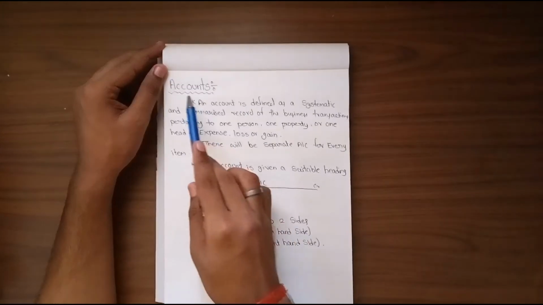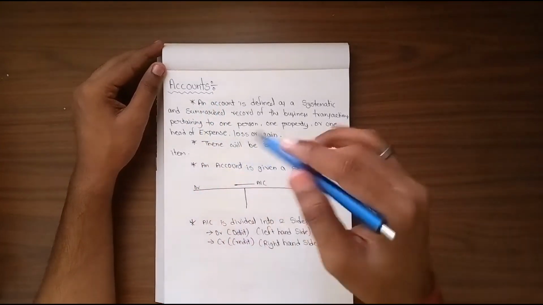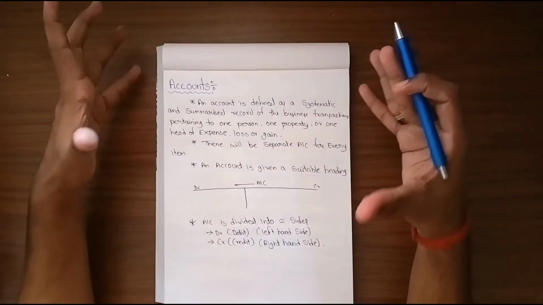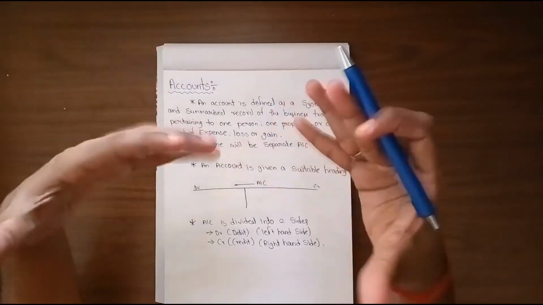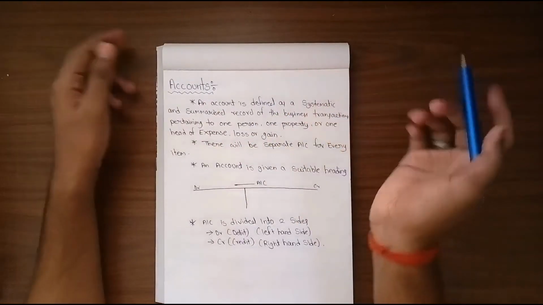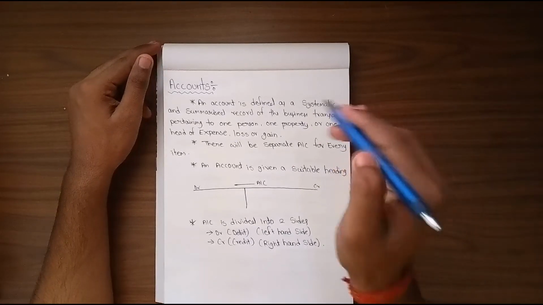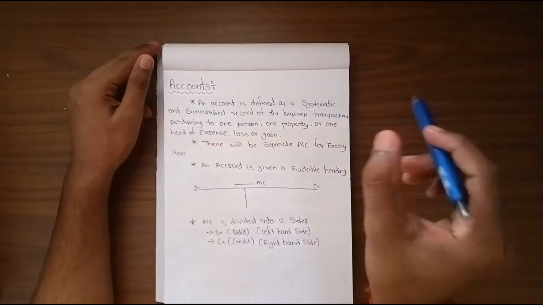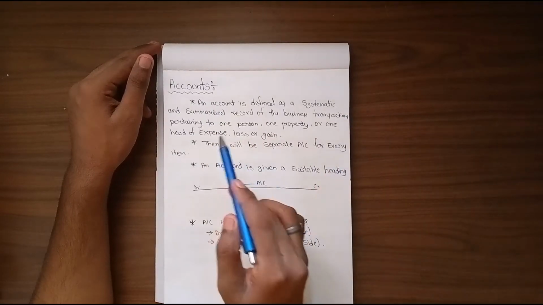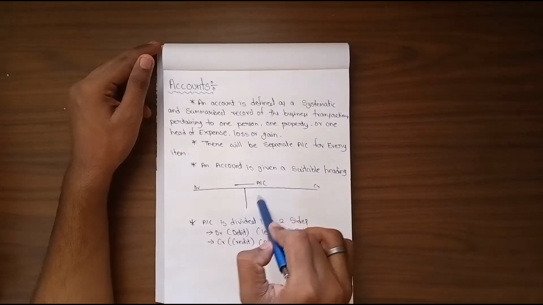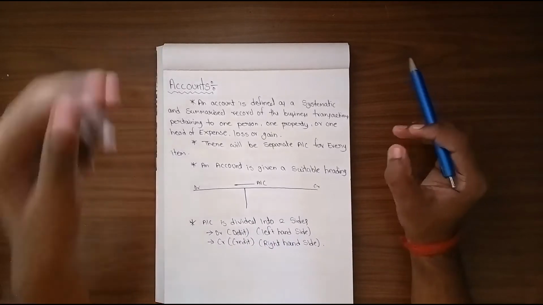So accounts basically mean a systematic record of all the transactions happening in a particular period, let's say one year. Whatever has happened in that year, we consider as an account. For example, take the cash account.